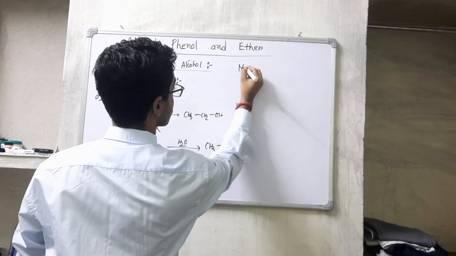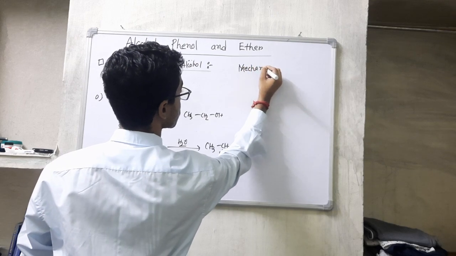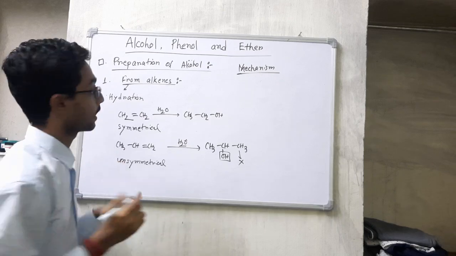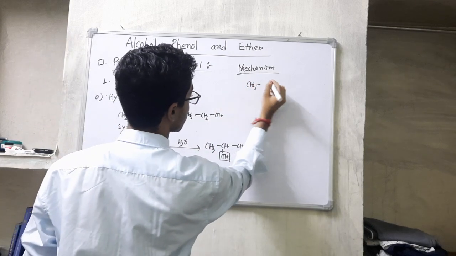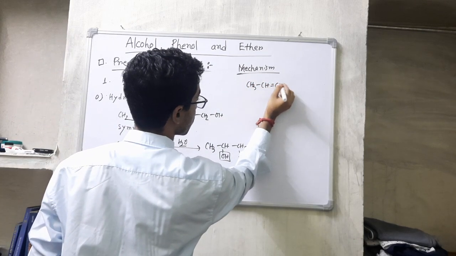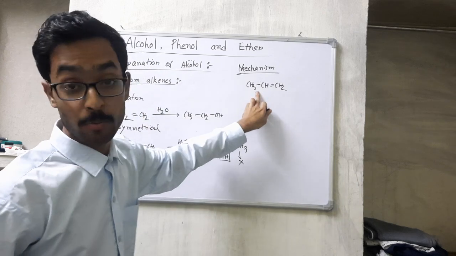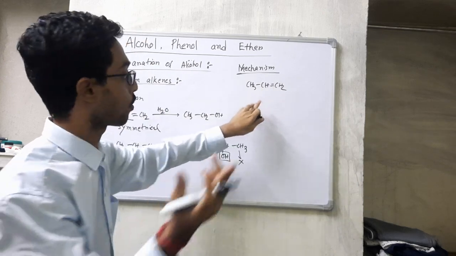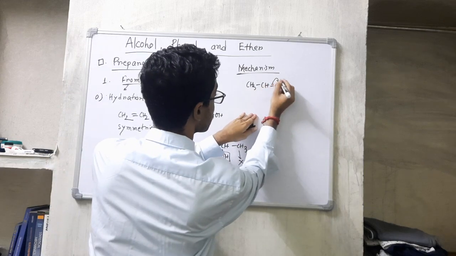Mechanism. First, this is an unsymmetrical alkene. Now there is a sigma bond and a pi bond. We know that the pi bond is weaker than the sigma bond. This bond can switch. There are two possibilities.